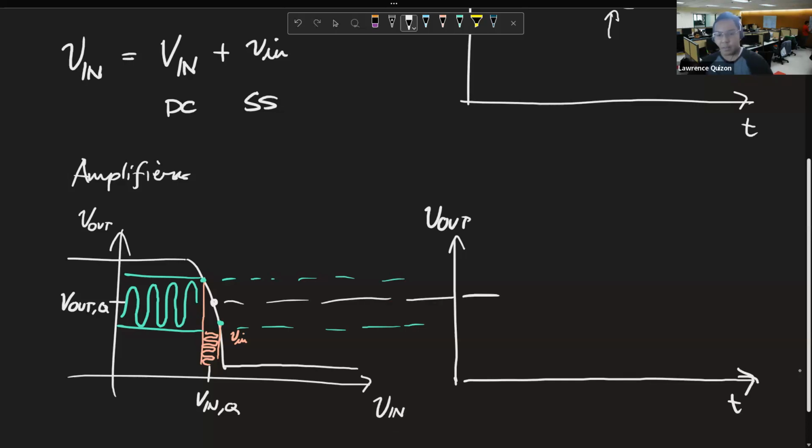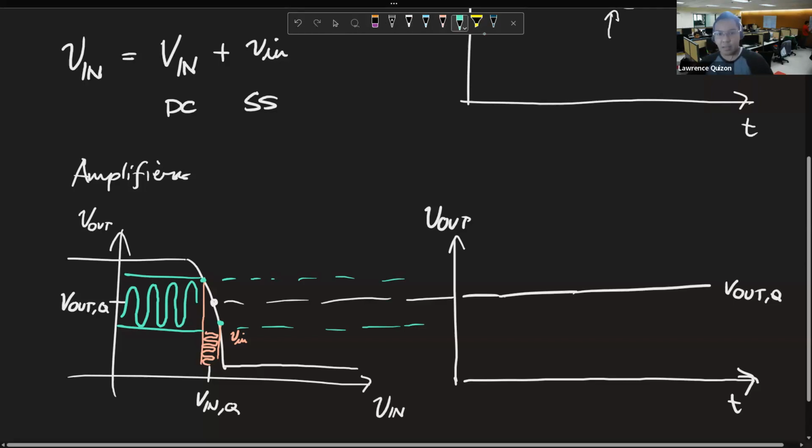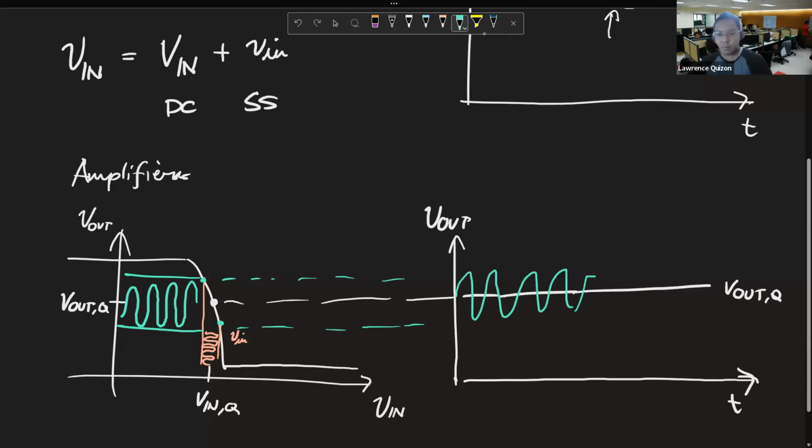It's centered here, but now it has a small signal around it, no? So this is V out.